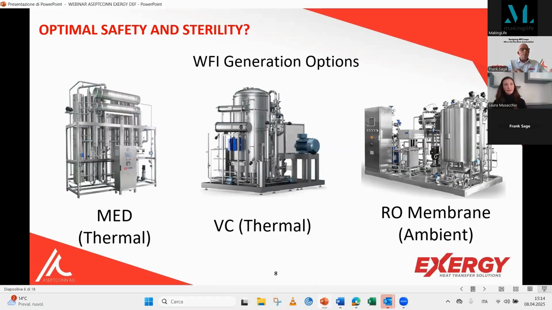But they can have high capital investment and operating cost. The membrane-based option is newer and a more sustainable technology with lower energy consumption and operating cost, but requires careful management of the membrane and feed water quality.